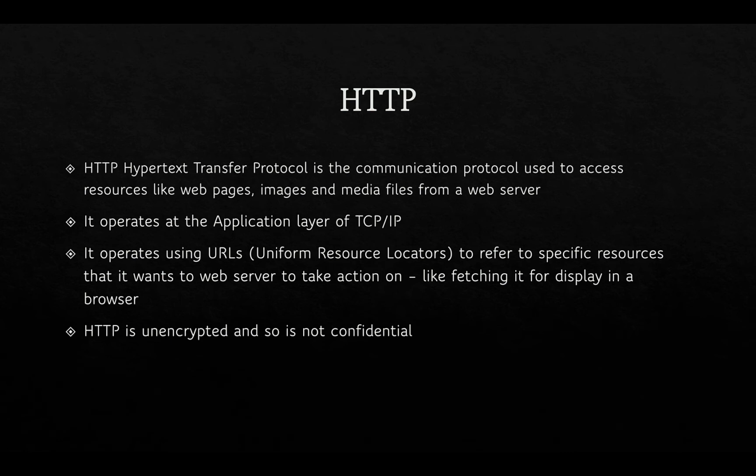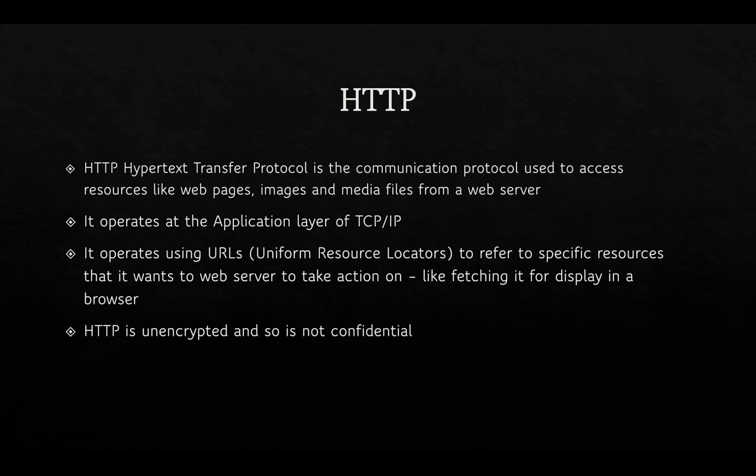Looking at one of the other protocols that's important in networking, we have HTTP, which is the protocol that is used for resources like web pages, images, and media files that are served from a web server. When we talk about the World Wide Web, or the web, and most people think of the internet as essentially the web, they're really talking about anything that has been enabled by this protocol, HTTP.